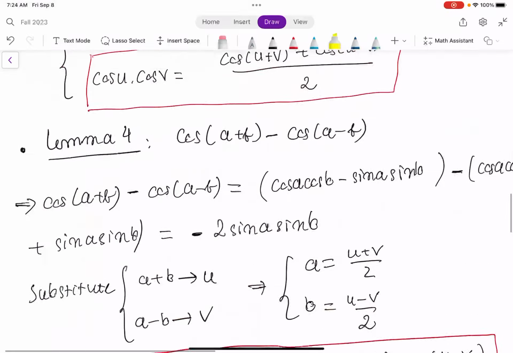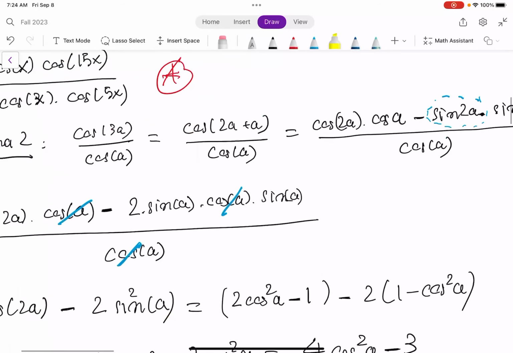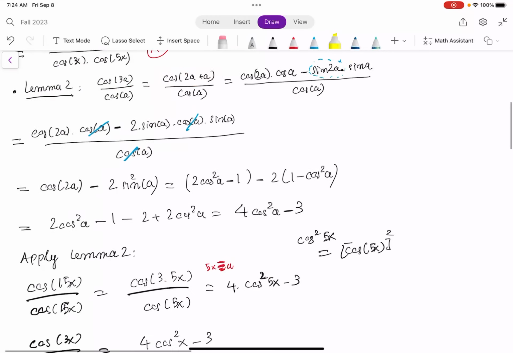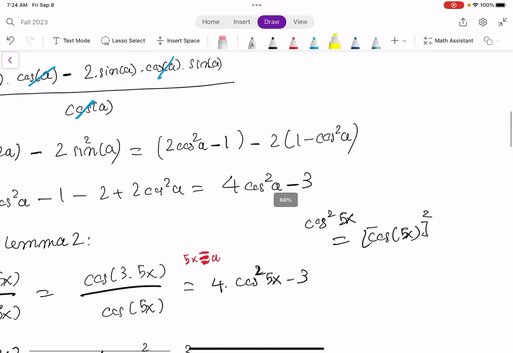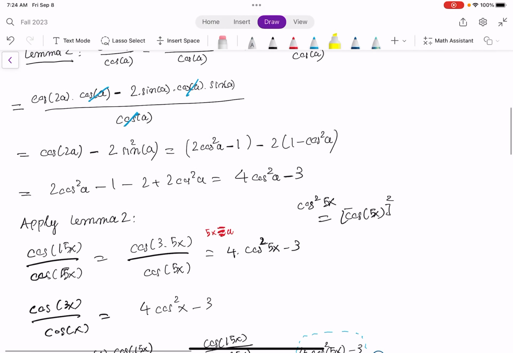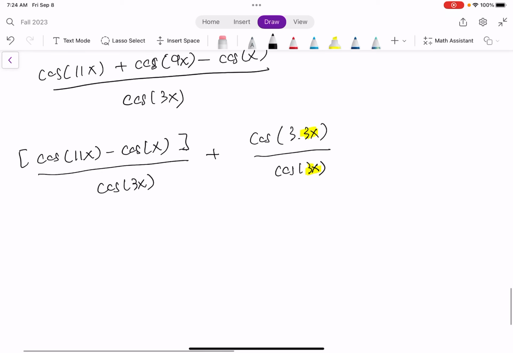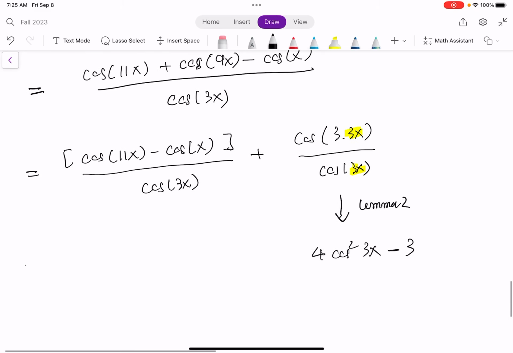Cos 3a over cos a, we have shown it in the past. Right here, lemma 2. Yeah, there we go. So that's the 4 cos square minus 3. So from lemma 2, this one, you get 4 cosine of 3x, cos square of 3x minus 3. Okay?